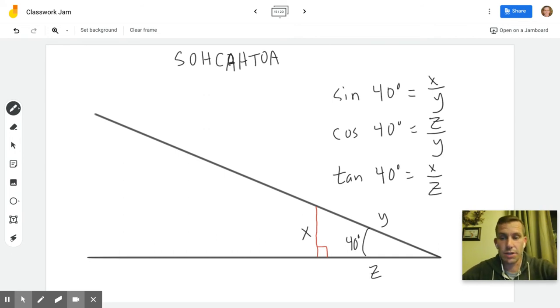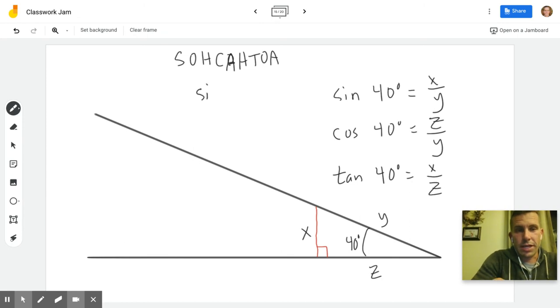Now here's where inverse sine, inverse cosine, and inverse tangent come in. If we wanted to determine the angle measurement based on the side lengths, that's when we would want to use inverse sine, cosine, and tangent. It's still relying on the same exact relationship. So, for example, I'm going to keep the 40-degree angle.